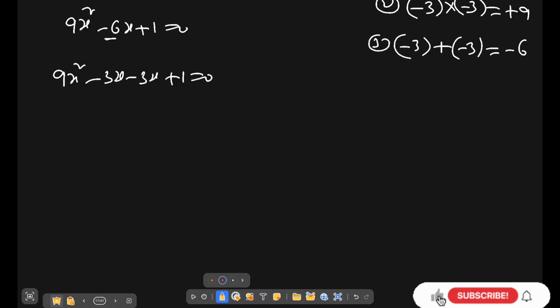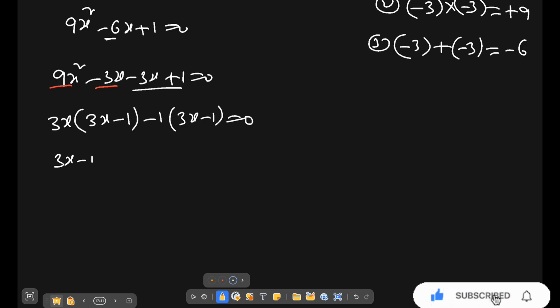Now from the first two terms we can take 3x common. So if we take 3x common, we will have 3x minus 1, and if you take minus 1 common here you will have 3x minus 1 equal to 0. So 3x minus 1 times 3x minus 1 equal to 0.